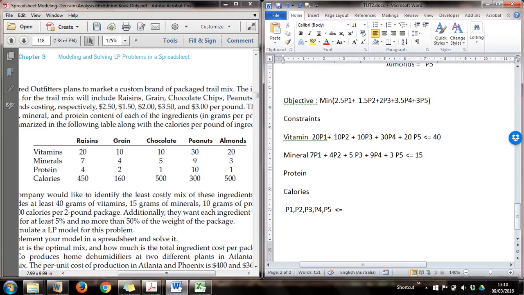The weight of the package is 2 pounds, so each needs to be less than 1 pound and greater than 5%, that is 0.05 times 2, that is 0.1. So this is the minimum and maximum weight constraint.